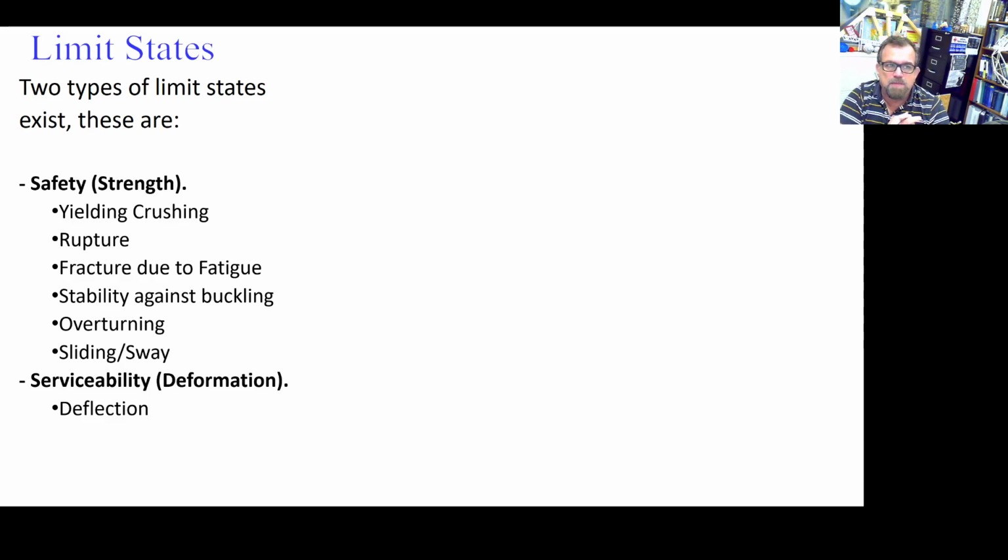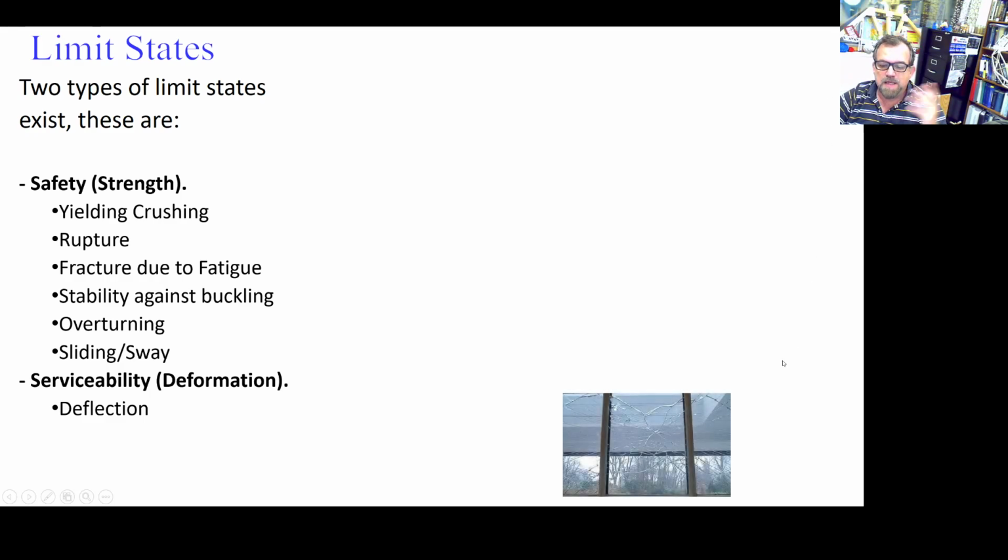Another example: you have a window and a girder on top of the window, and that girder deflects more than it should, or it wasn't taken into account as it should have been. Now you start having problems with the window, and the window stops opening or closing, or, worst case scenario, cracks. Does that mean that the structure is going to collapse? Probably not. Does that mean that it should be investigated and corrected? Definitely yes.